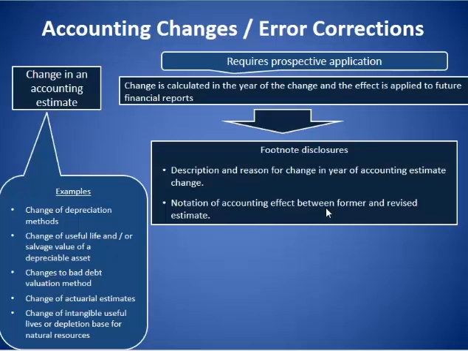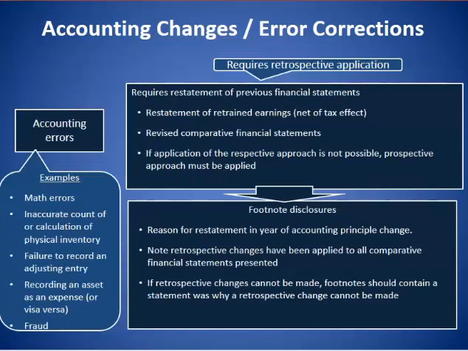Now let's go on to accounting errors or error corrections. As I had mentioned earlier, error corrections typically result from three categories, one being a mathematical mistake, number two, a mistake in the application of generally accepted accounting principles, or number three, an oversight or misuse of facts existing when the financial statements were prepared.